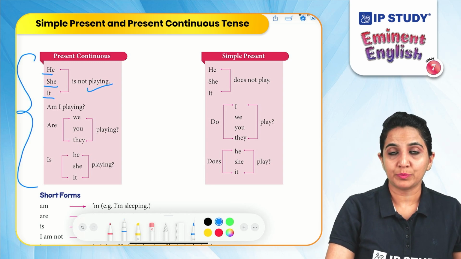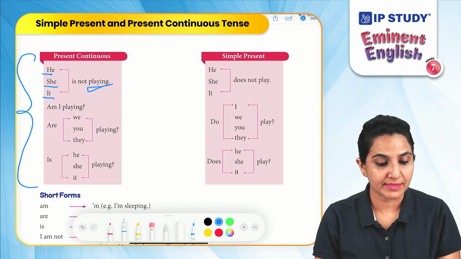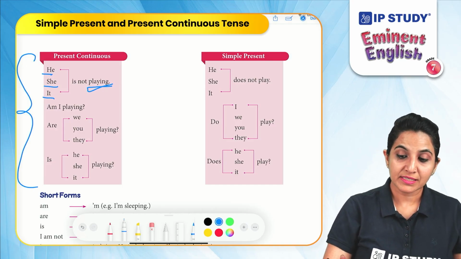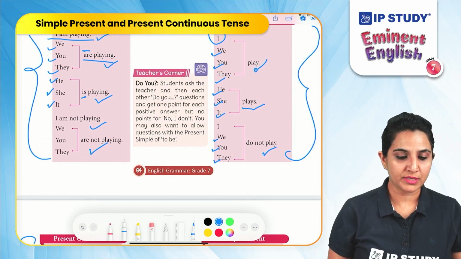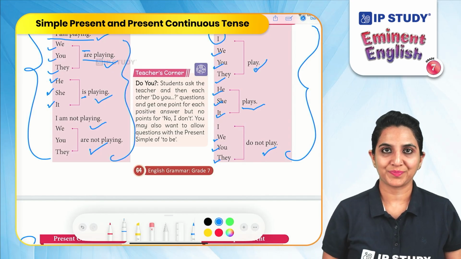In this example, again, the verb remains the same, but we add ing at the end. Similar to what we did in these examples.